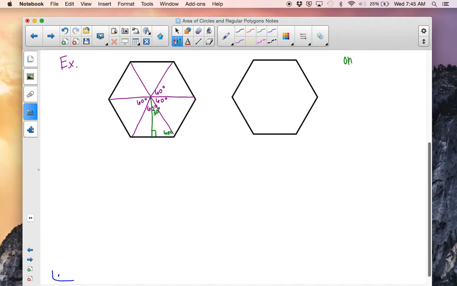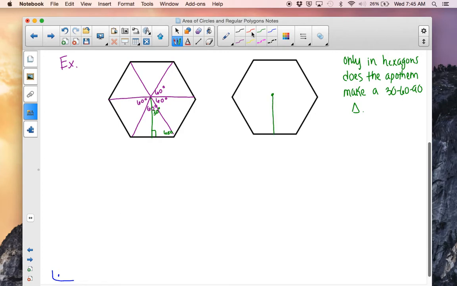So only in hexagons does the apothem make a 30, 60, 90 triangle. So I'm going to give you guys an example here.